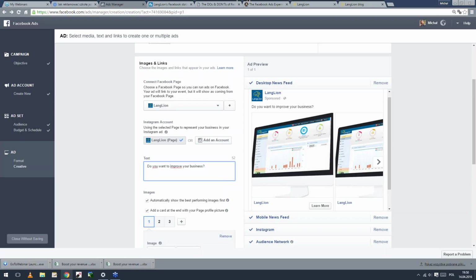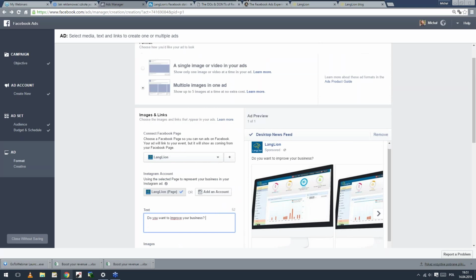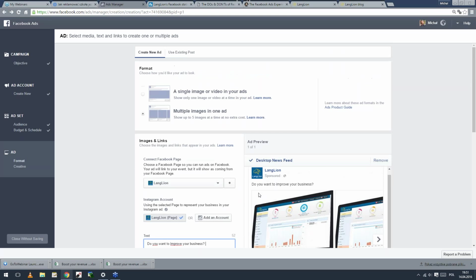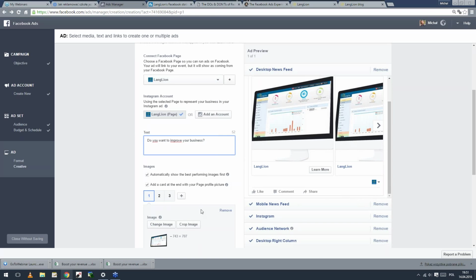Because the message should be clear, because people, if it's sponsored, they will scroll, scroll, scroll, scroll, and the eye wouldn't focus on all the text. It will focus only on the beginning of the sentence, on the core of your slogan, of the thing that you would like to say about your product. So remember not to add too much text here, because it wouldn't make any sense. Anyway, this is my suggestion.